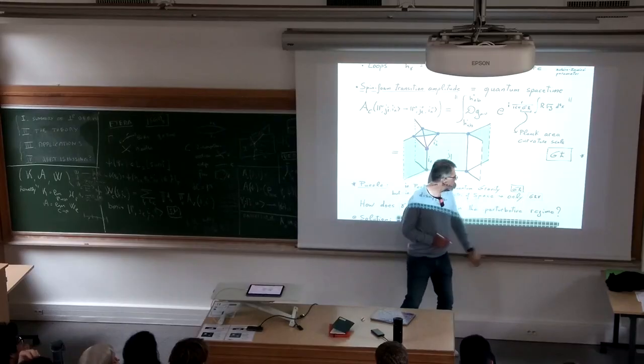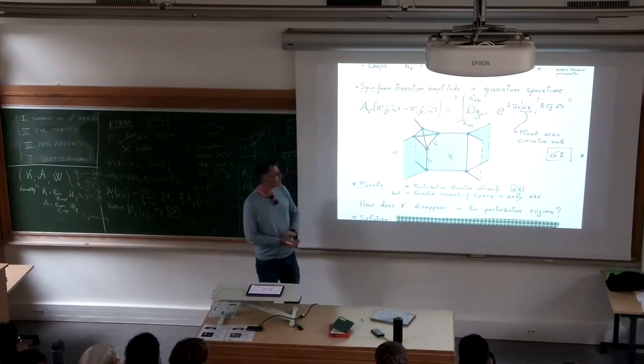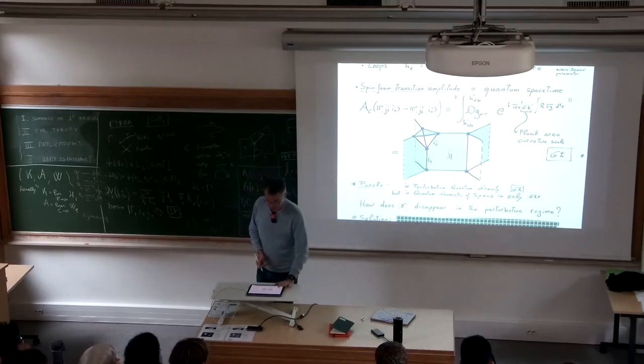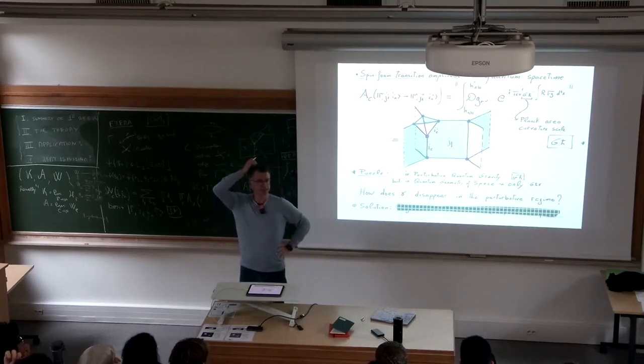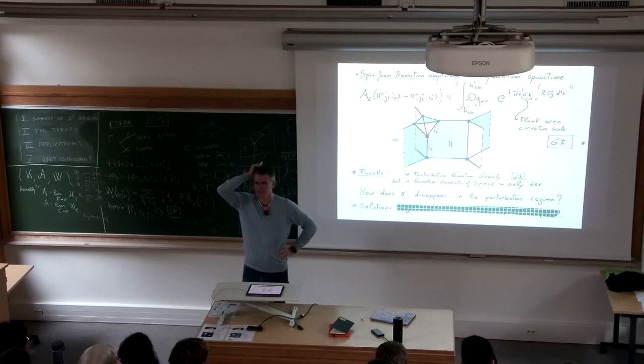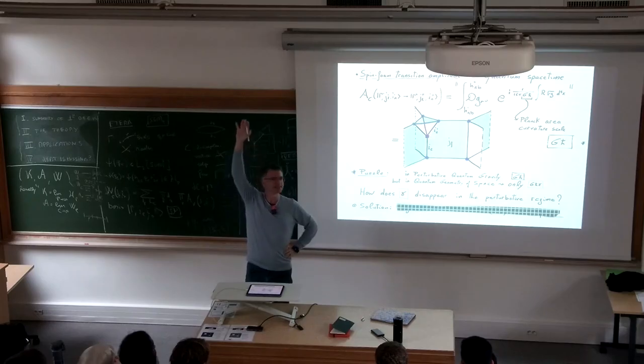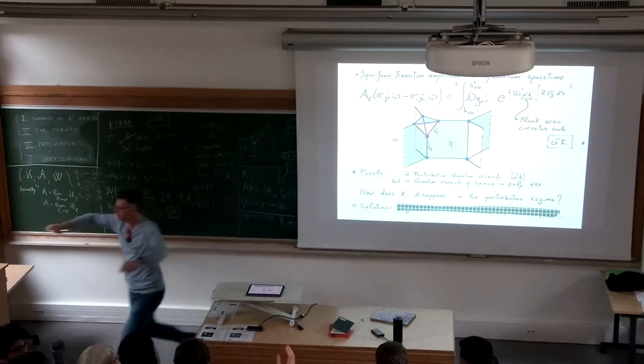If this is the only combination, then how does gamma disappear in the perturbative regime? Do you see the puzzle? Do you have an idea, a proposal, a comment on solutions? Hands. I want hands. Think about it.